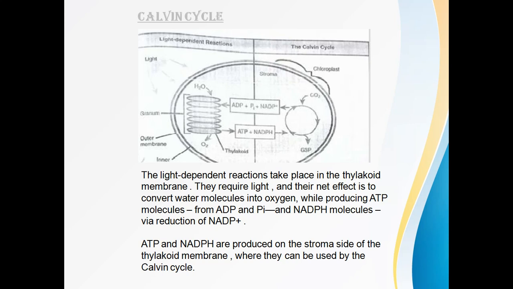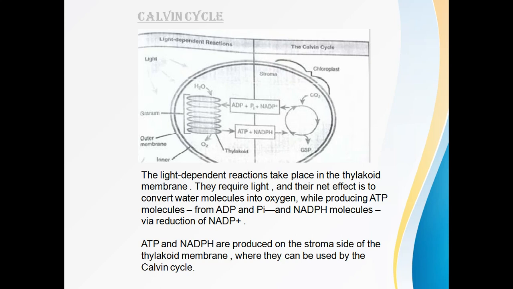Stroma is the fluid present in the chloroplast in the leaves, and it is using the ATP. Here you can see this part is the Calvin cycle, and this is the light dependent reactions.